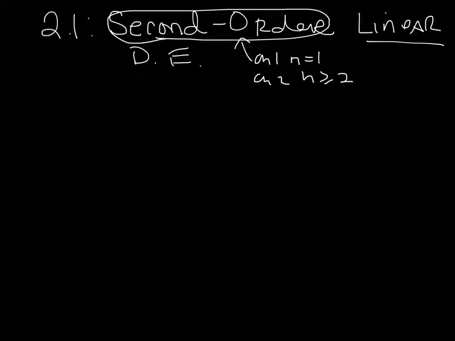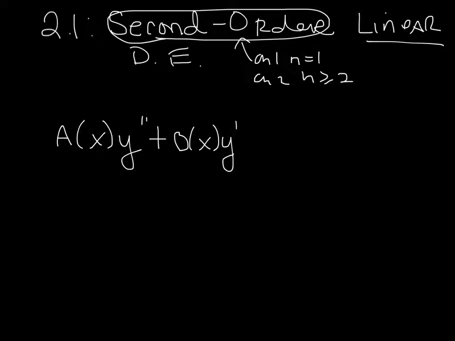Okay, so a linear second order differential equation can be written in the following form. We have a of x, y double prime plus b of x, y prime plus c of x times y equals some function of x.